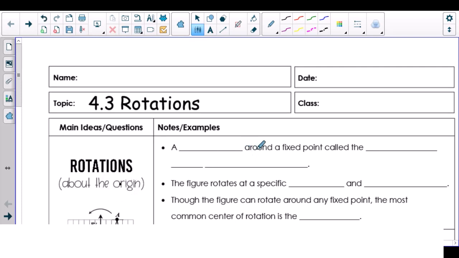Okay, so as we look at this, a rotation is a turn around a fixed point called the center, the center of rotation.